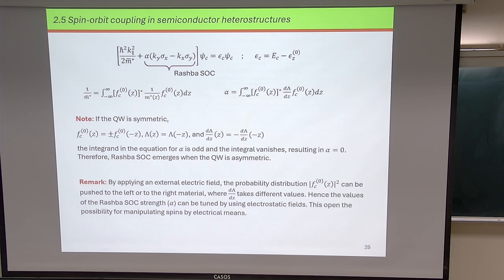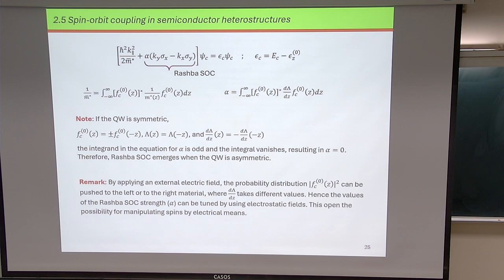So you have this relation, f of z is equal to plus or minus f of minus z. Then lambda z is the same as lambda minus z because it's symmetric, and the first derivative is then antisymmetric. When you put all of this together, what you get in the integral is something antisymmetric, so when you integrate it, it just goes to 0. So if the quantum well is symmetric, alpha is 0, so you don't get anything.